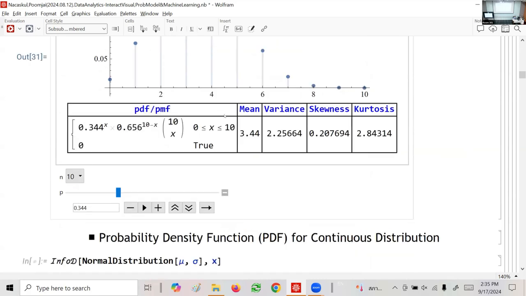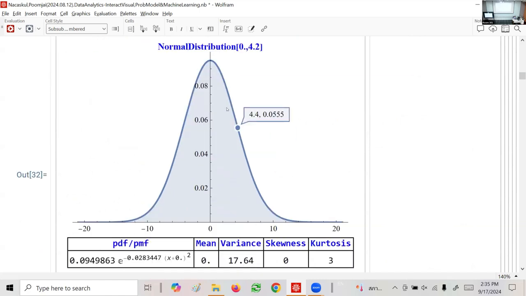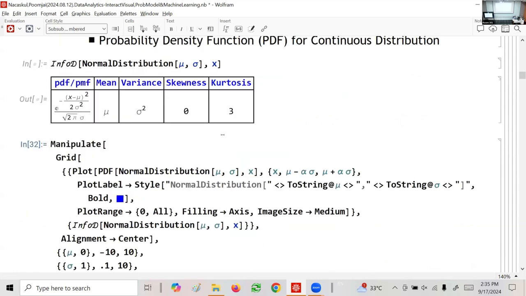However, for a continuous distribution function, do you add the height? No, you take the area under the curve. Well, the area under the curve can be very tricky because it involves an integration function, right? So how do I work with this in real life?